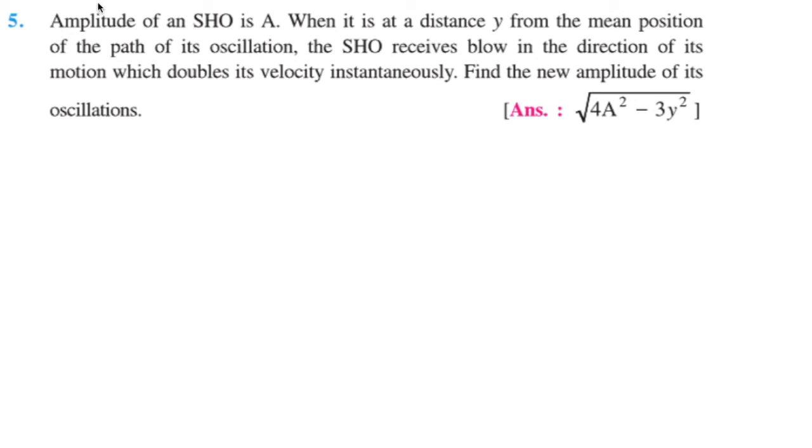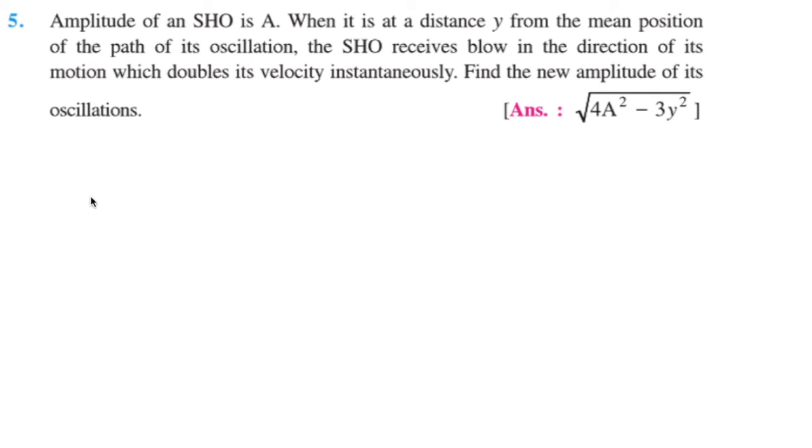Next. Now the next question is the fifth. The amplitude of an SHO is A when it is at a distance y from the mean position of the path of its oscillation. The SHO receives a blow in the direction of its motion, which doubles its velocity. Find the new amplitude.